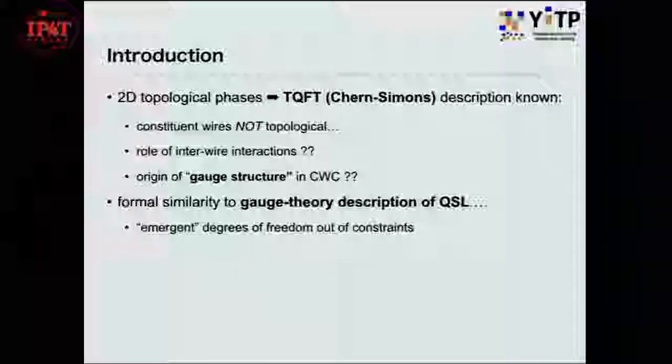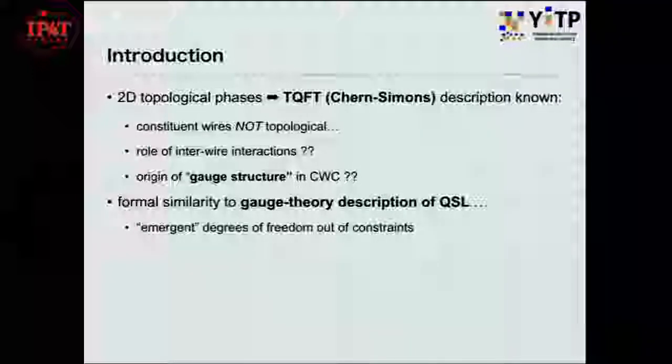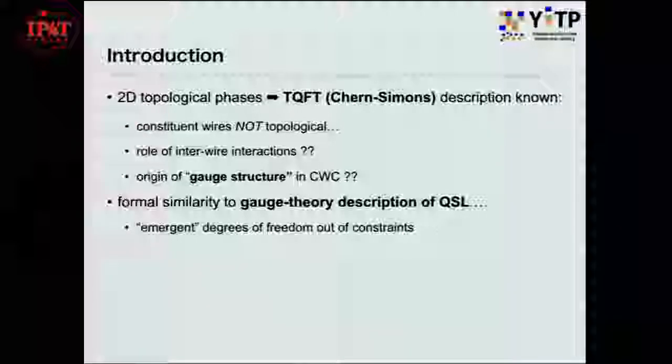And also, as I told you in the beginning of my talk, there is at least a formal similarity between the gauge theory description of quantum spin liquids and the emergent gauge field generation of the coupled wire construction. This is what I'm going to stress during my talk.